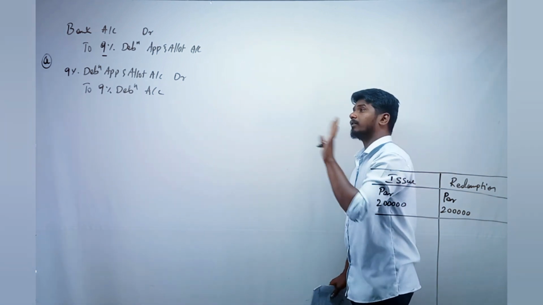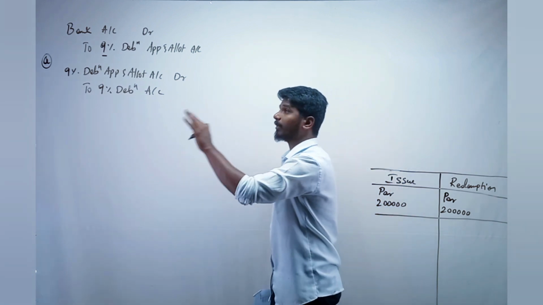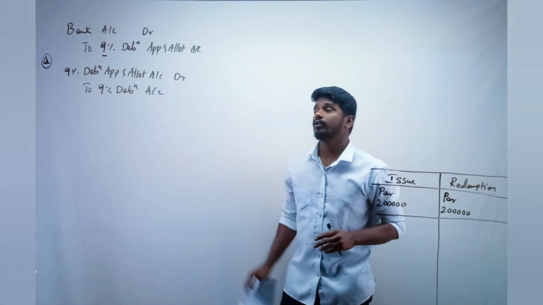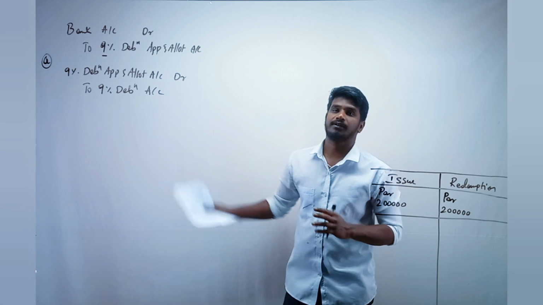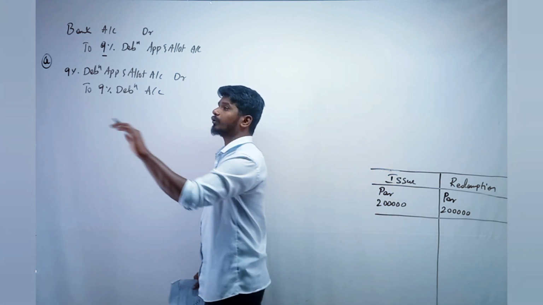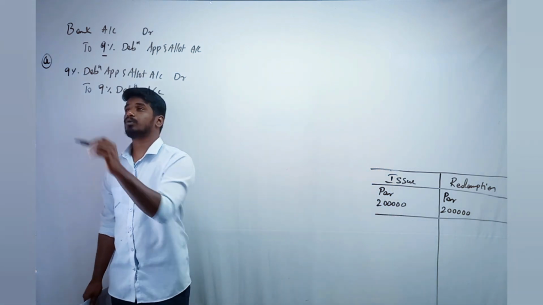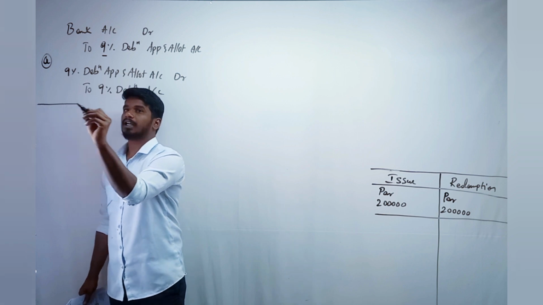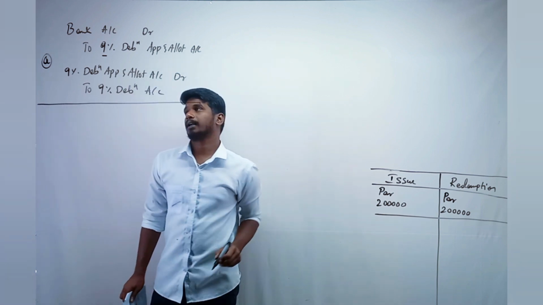So write down the first entry. You should remember these two entries, correct? That's it. A is done.